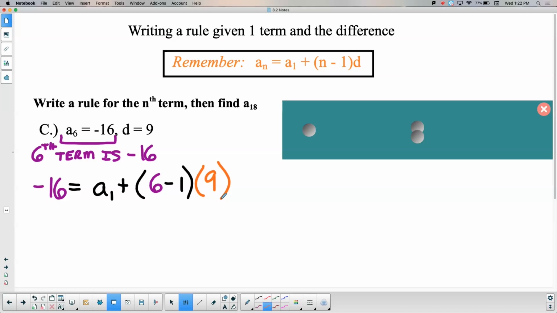So I can use that math to find my first term. So I'd have negative 16 here equals my first term plus 45. 6 minus 1 is 5. 5 times 9 is 45.